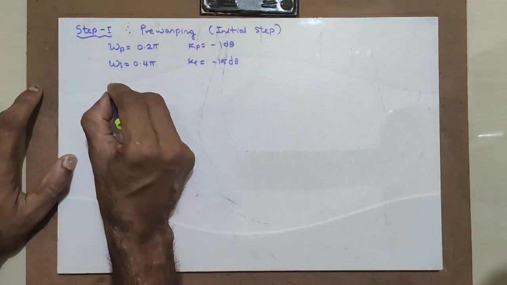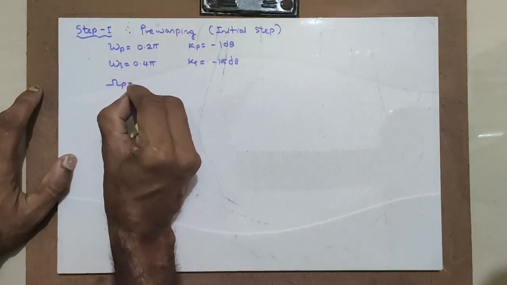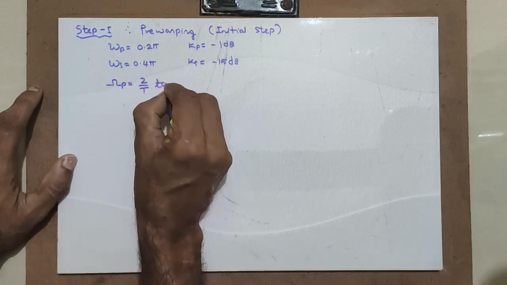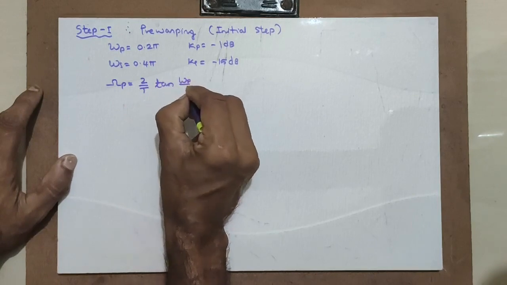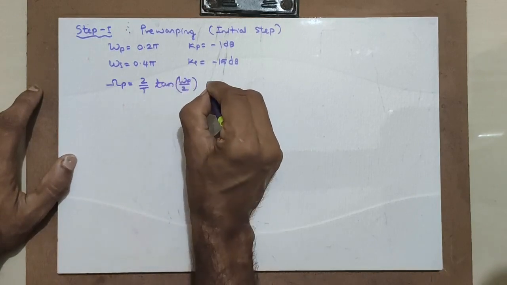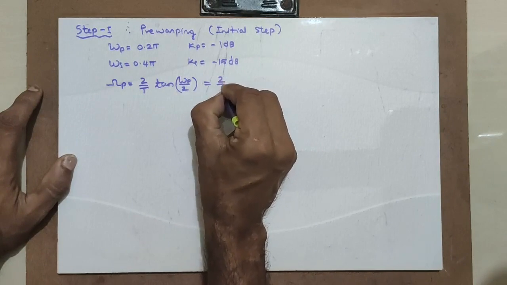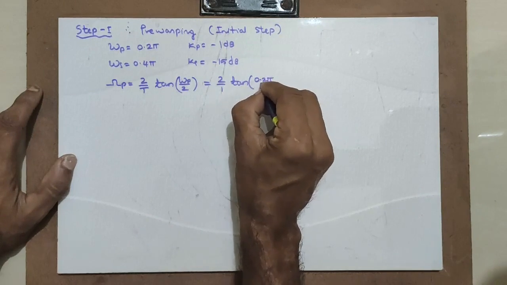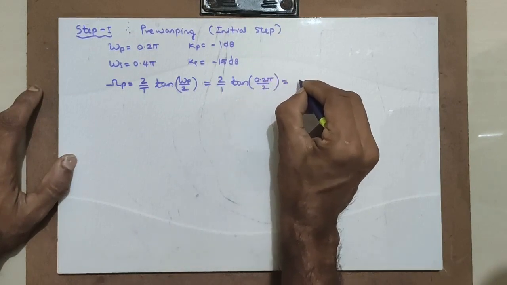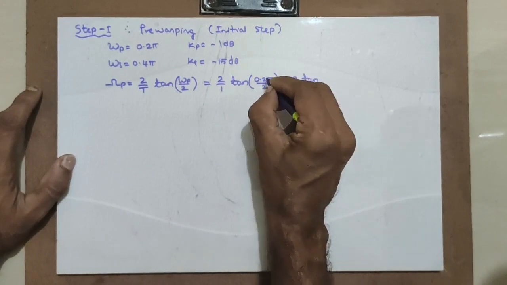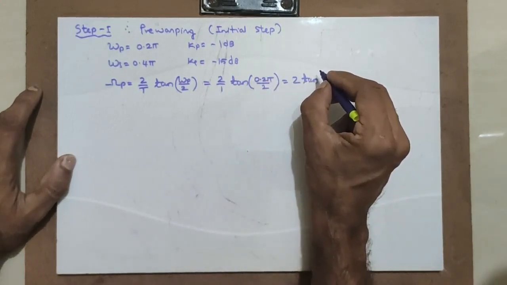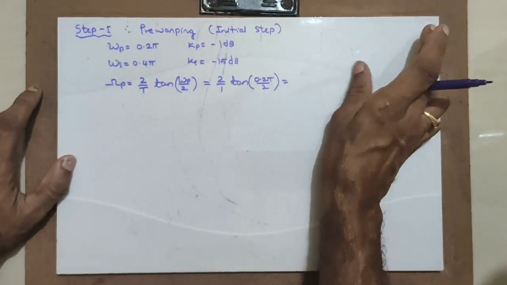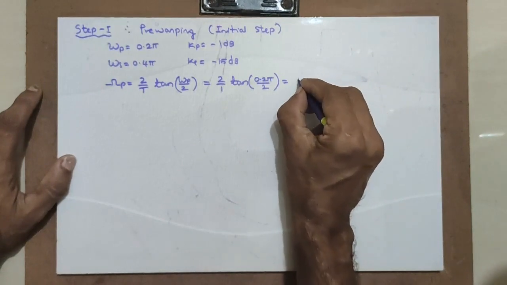You know the formula: omega p is equal to 2 by T tan Wp by 2, and T is equal to 1 second you will be taking. 2 by 1 tan of 0.2 pi divided by 2 is equal to 2 tan of pi, I am putting 180 degrees. Hence this answer I will directly write. You can use the calculator and do that. This answer comes out to be 0.6498.